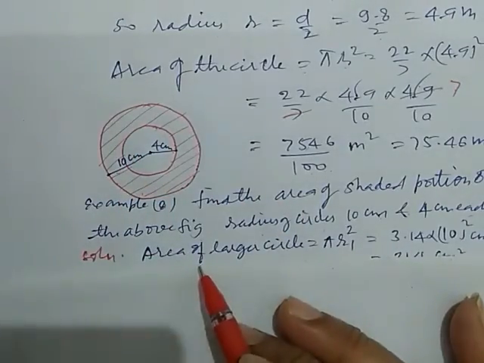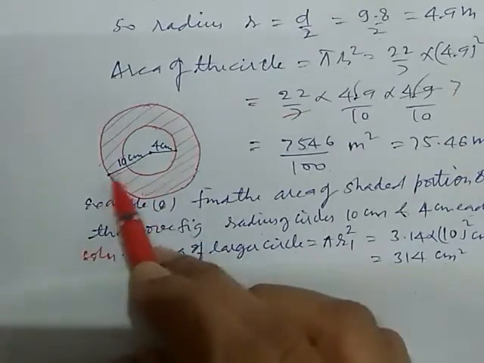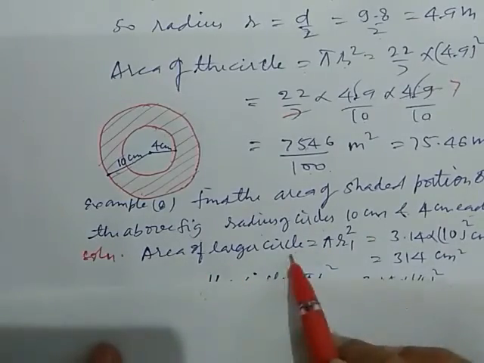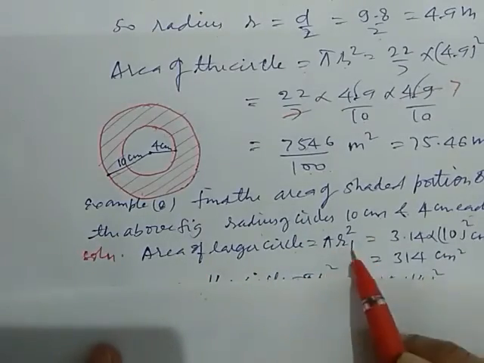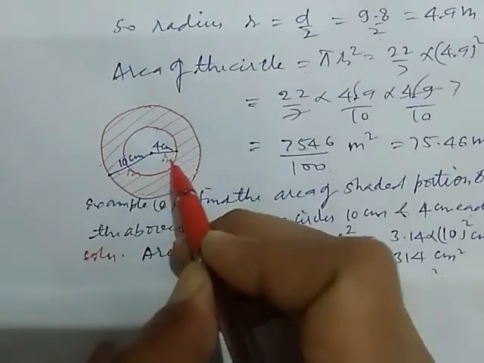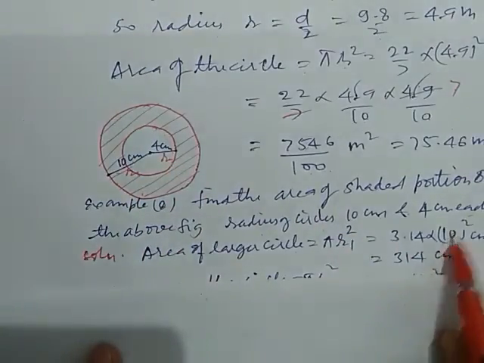So first we calculate the area of the larger circle. This is the larger circle and its radius is 10 centimeter. Area of larger circle is pi r1 square. R1 is 10 centimeter. This is R1 and this is R2. So 3.14 and R1 is 10 square.